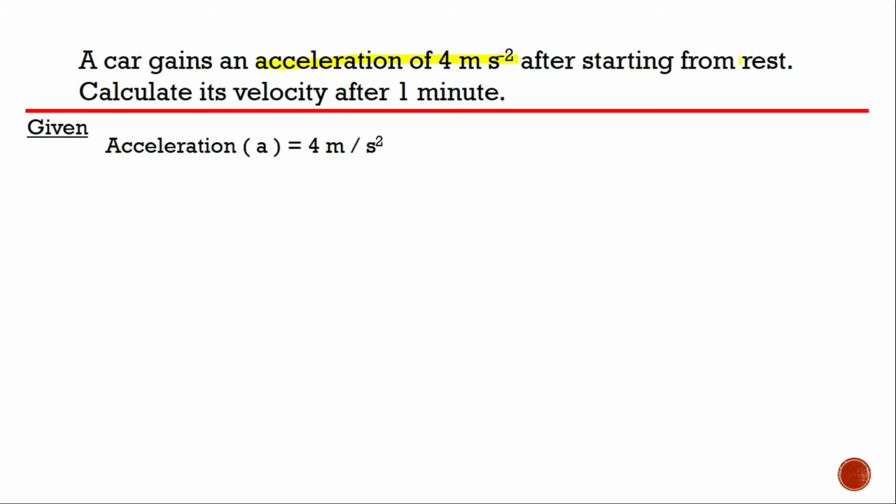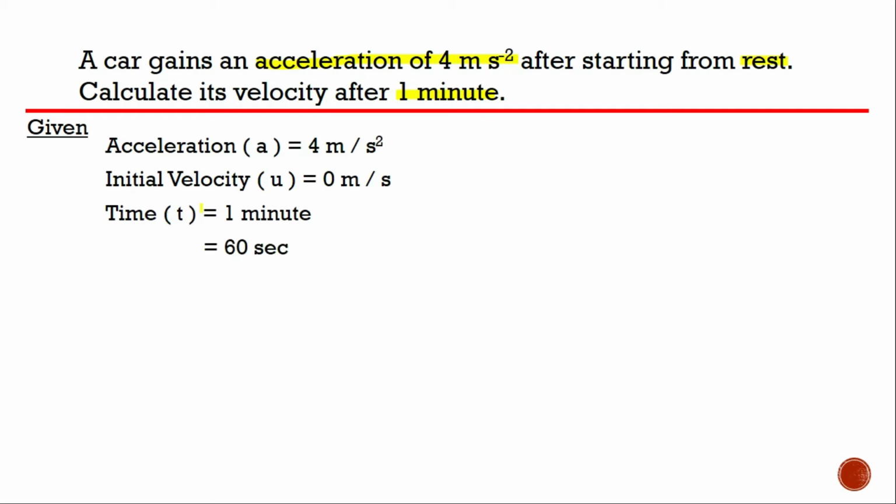After starting from rest means that initial velocity u is 0 m/s. And it is telling us to calculate the velocity after time t, which is 1 minute. If we convert this to the SI unit, it will be 60 seconds. And we need to find the final velocity v.